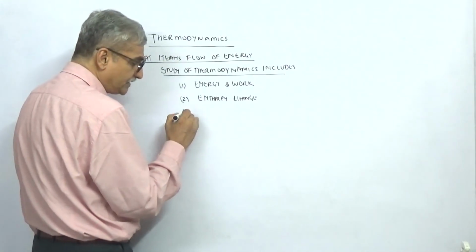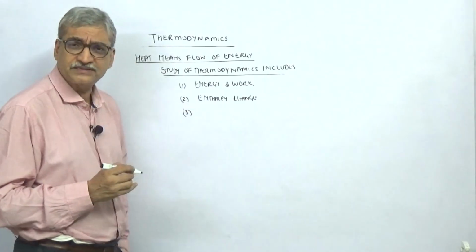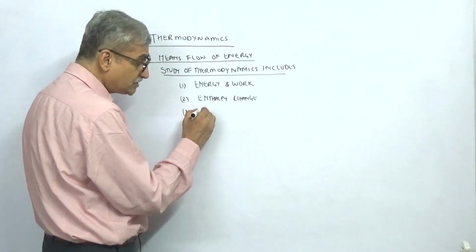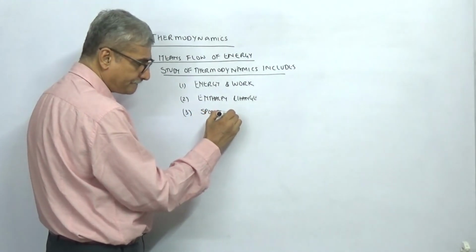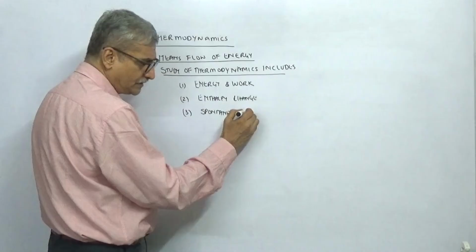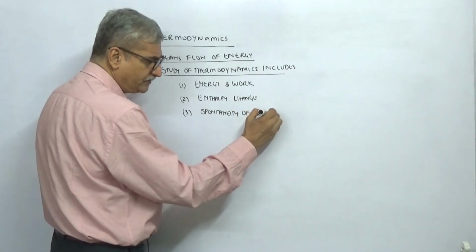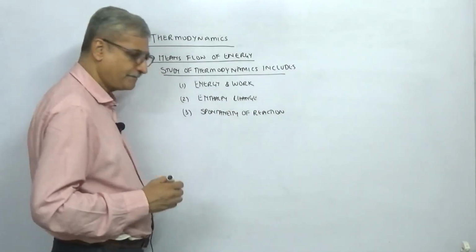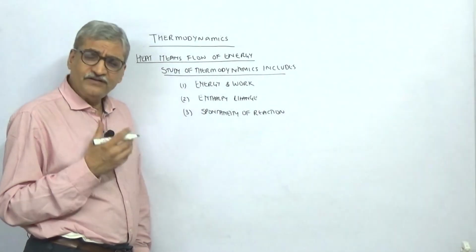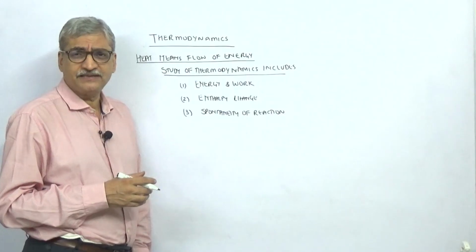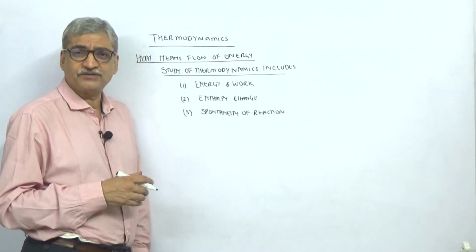The third aspect that we have to study in thermodynamics is spontaneity of a reaction. So what does the word spontaneity mean? The word spontaneity means that the reaction happens on its own.